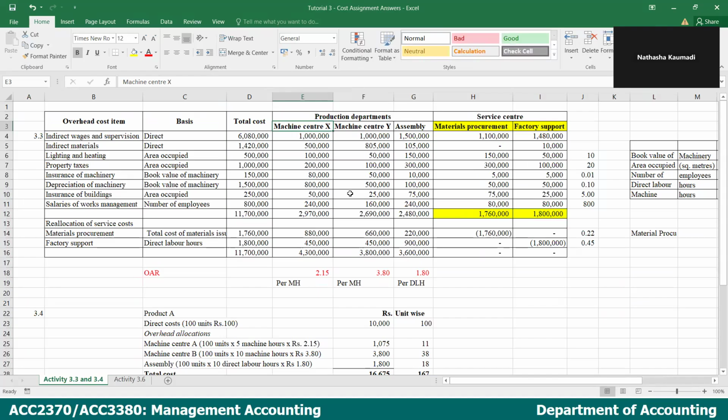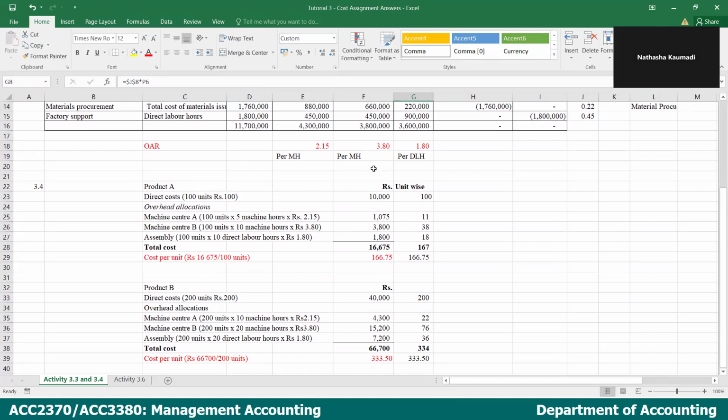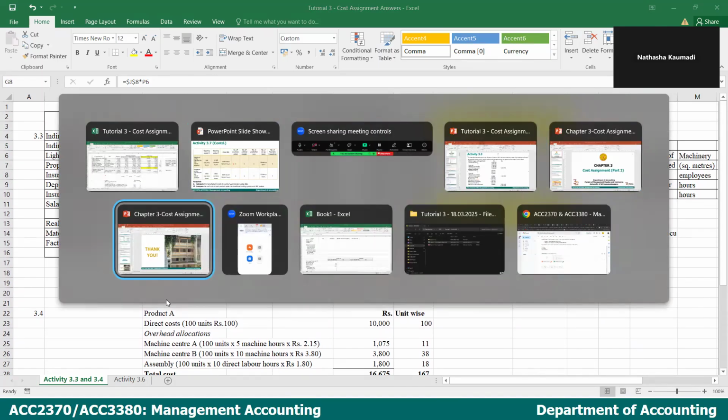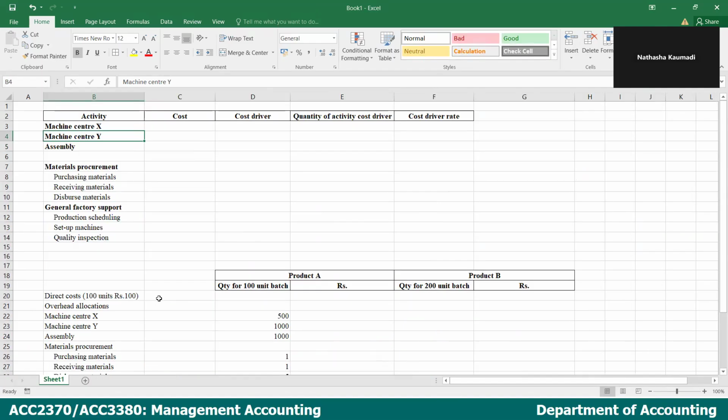Right. Now you have the answer. I hope you have the answer of the previous question, the overhead analysis sheet, this one, and then these numbers. Now we will do the answer for this activity as well. It is a continuation, right?